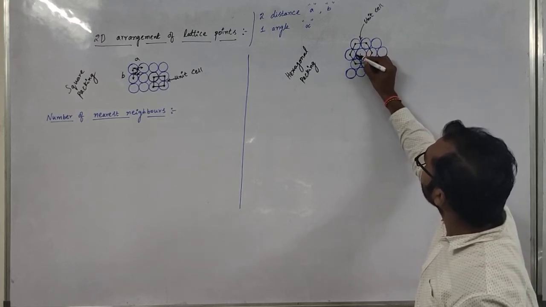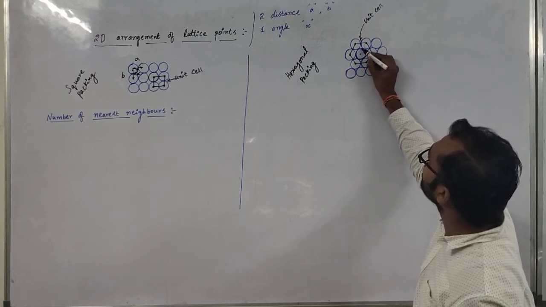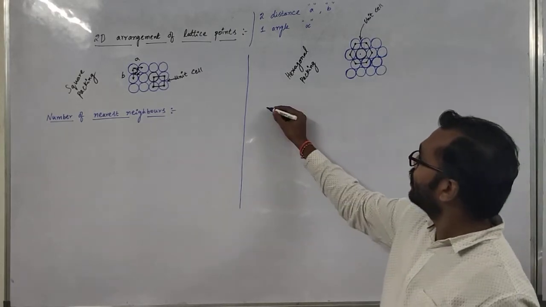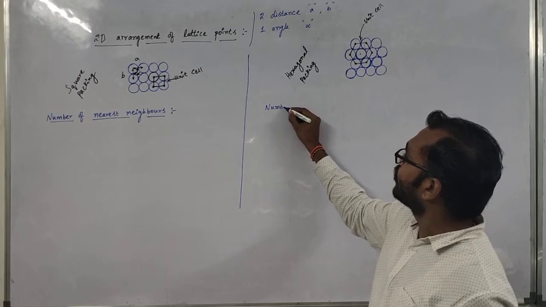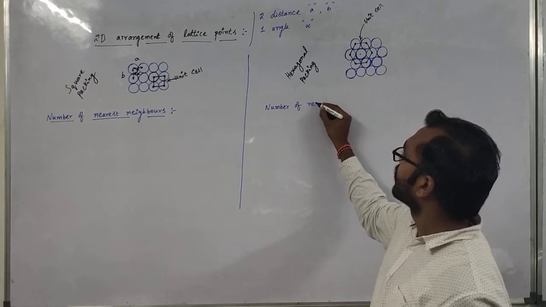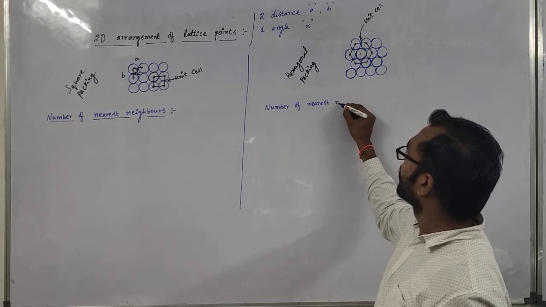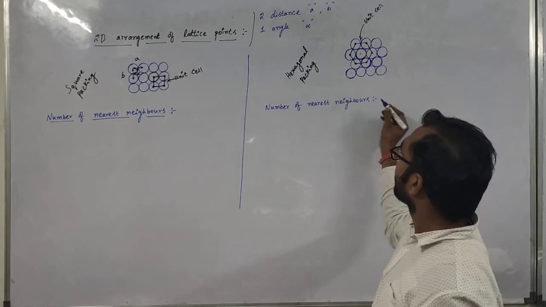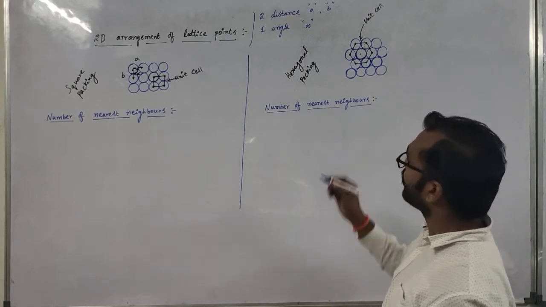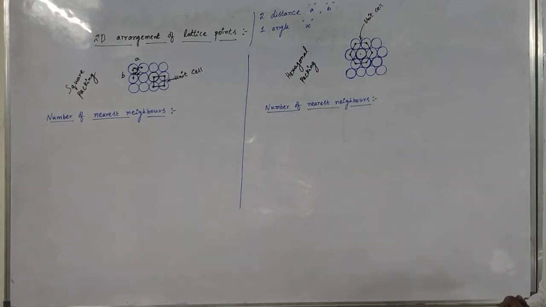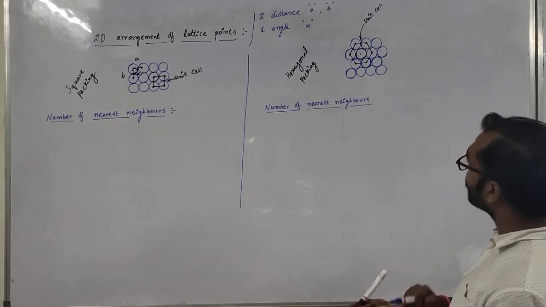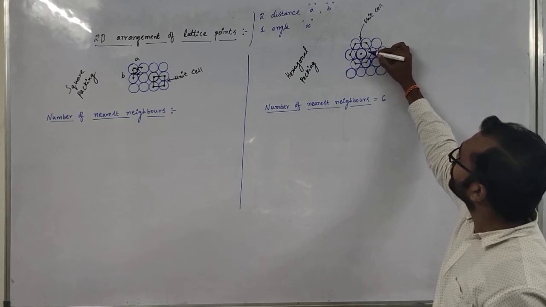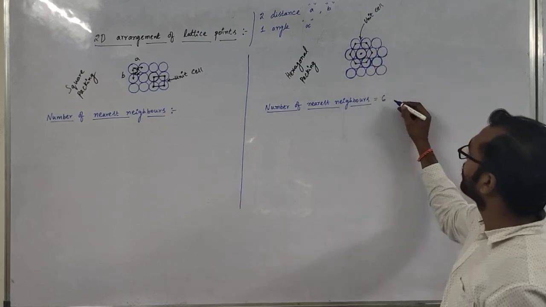Now, what about the number of nearest neighbors here? The number of nearest neighbors is equal to 6, because from here 1, 2, 3, 4, 5, 6.